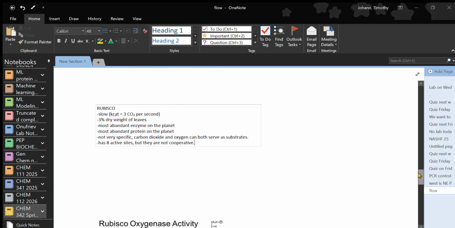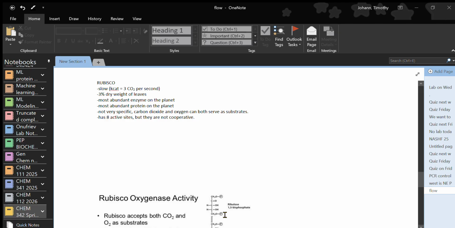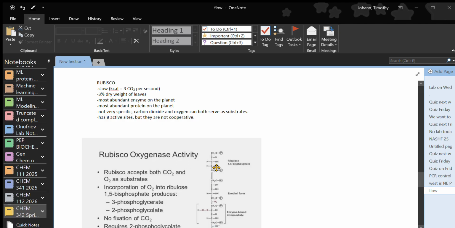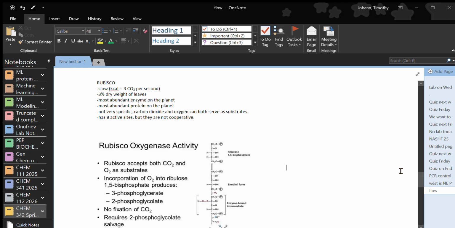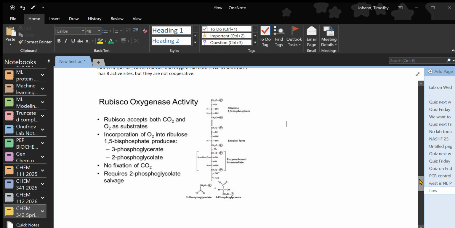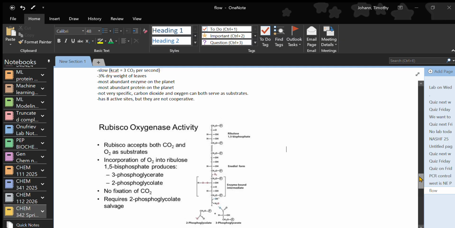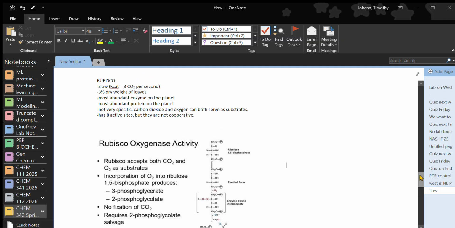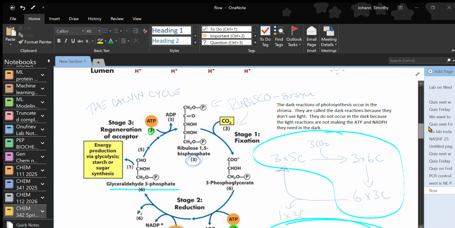Okay, so we've got this big, slow enzyme. And not only is it slow, but it actually will use oxygen sometimes. So here's an example. The carbon dioxide activity of it is this reaction, right? The carboxylase activity is taking ribulose 1,5-bisphosphate and taking it down to 3-phosphoglycerate. Okay?